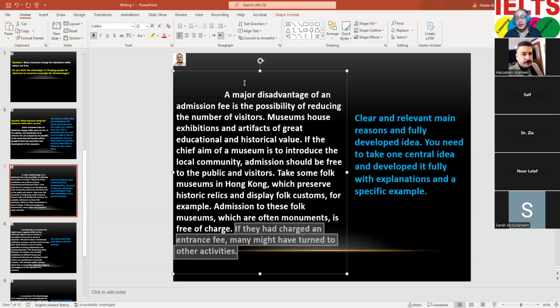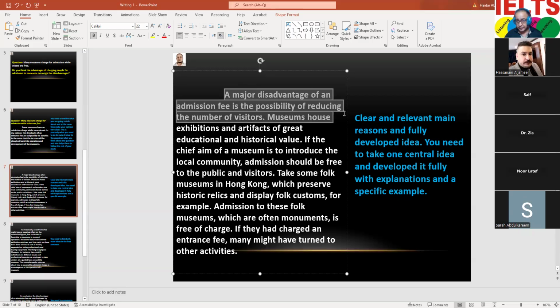Okay, now let me re-explain briefly. Start the first paragraph of the body with the main idea of the paragraph, which is up to the question. Here in the question we have advantages and disadvantages.